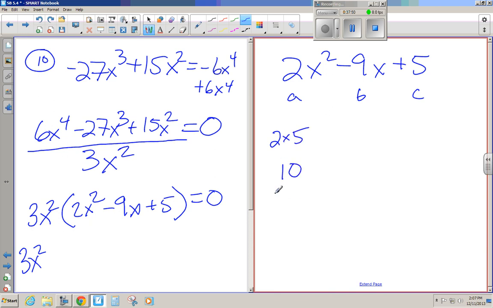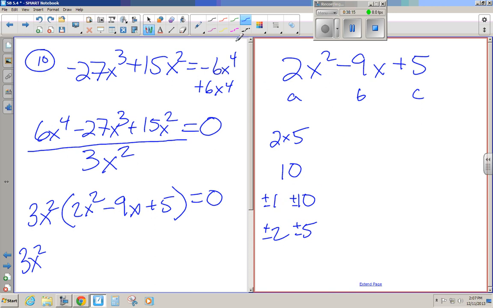And the factors of 10 are 1 and 10, 2 and 5. And remember, they have to be plus or minus, because you could have opposite signs. And now look and say which ones of these equal b. So which one of the factors of these numbers add up to negative 9?